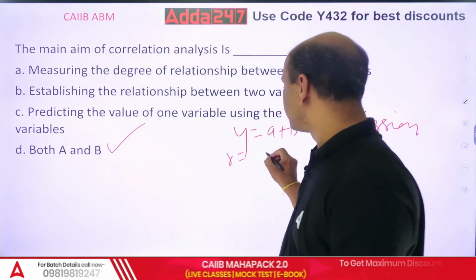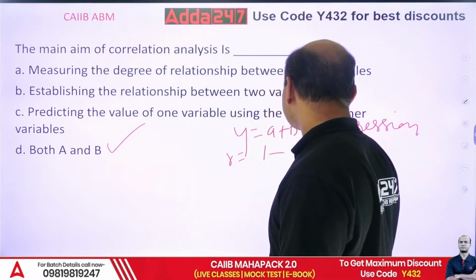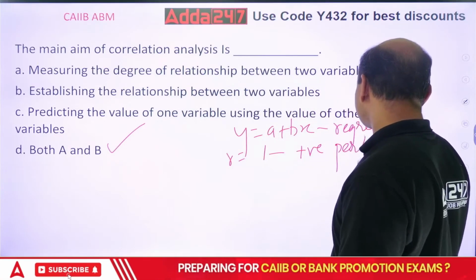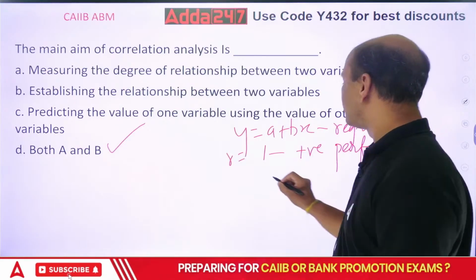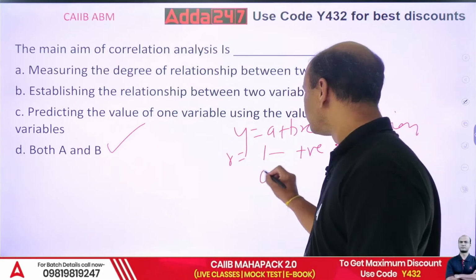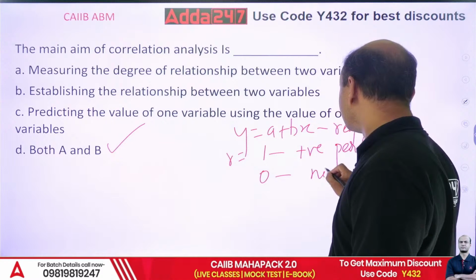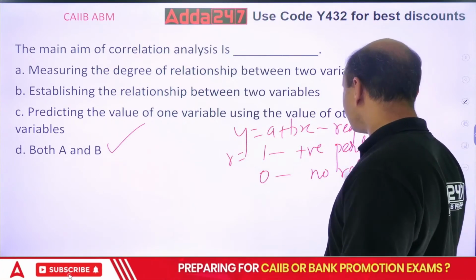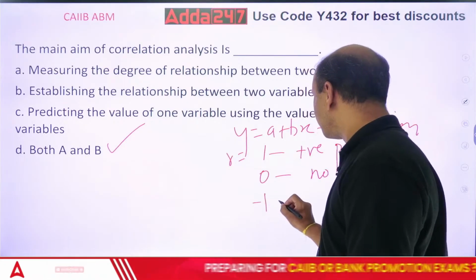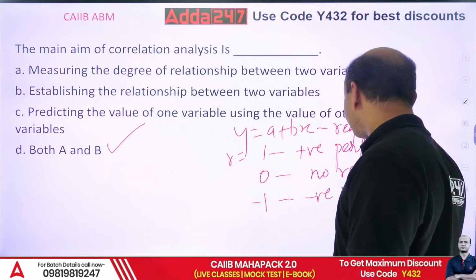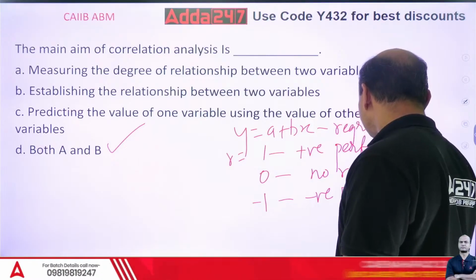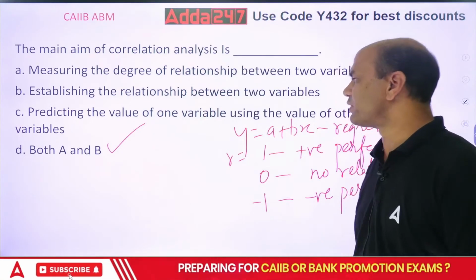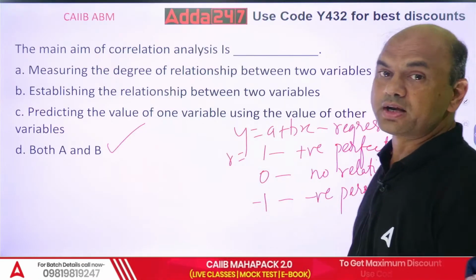If R equals 0, then there is no relation. If R equals -1, then it is negative perfect. And how to find out R?